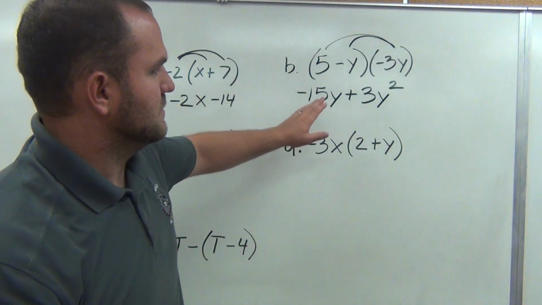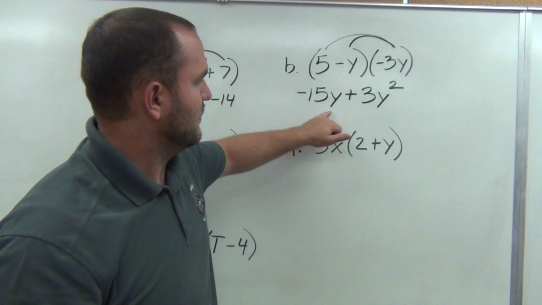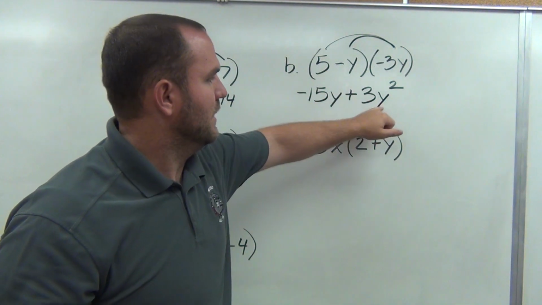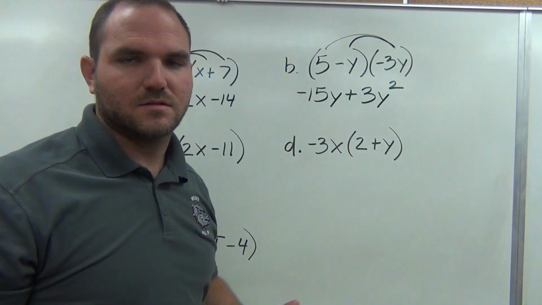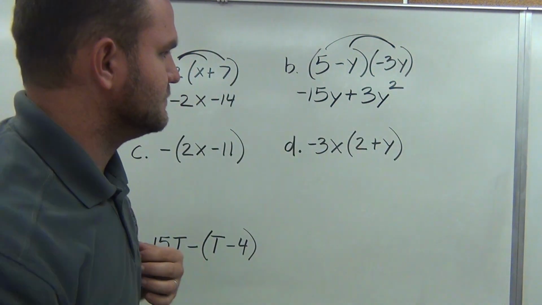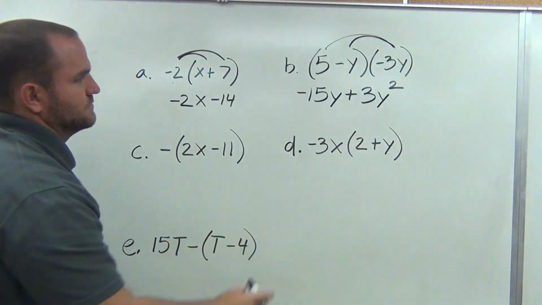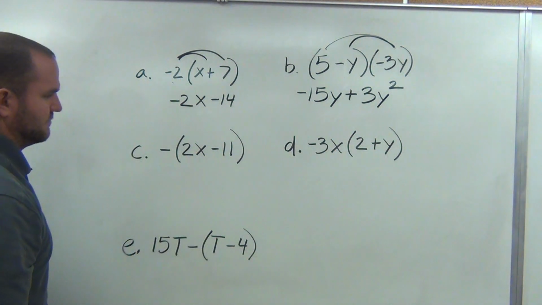Now once again, these are not like terms because I have a y with a first power and a y to the second power. Those two cannot be put together. Okay, so this would be our answer for right now because we don't have the equal sign like I said.